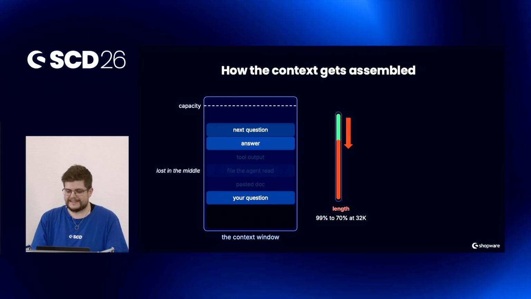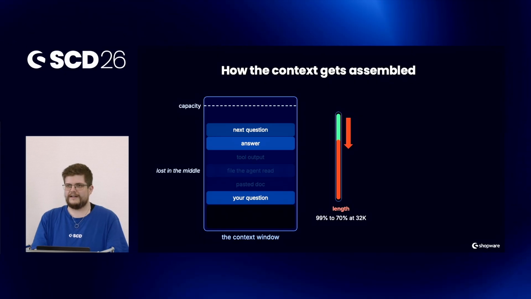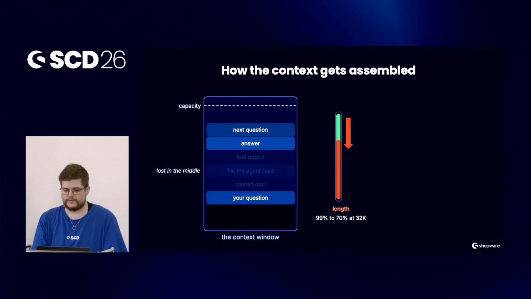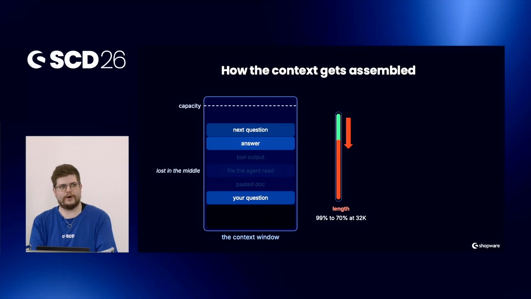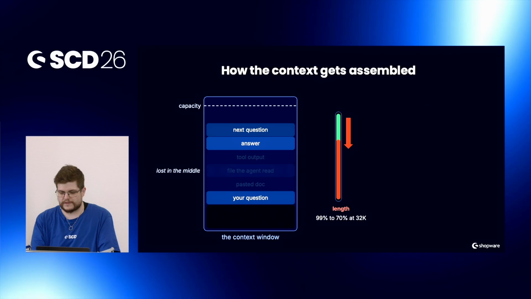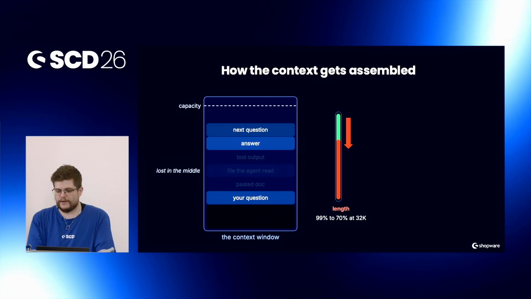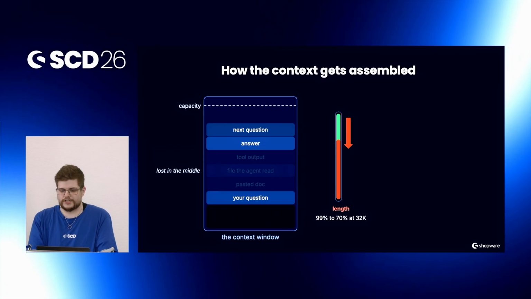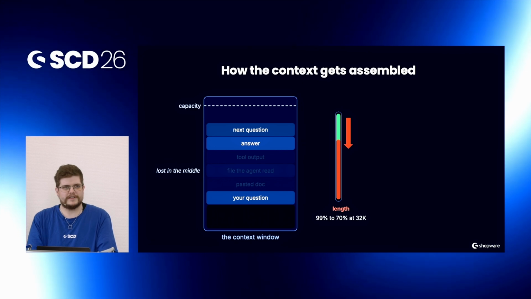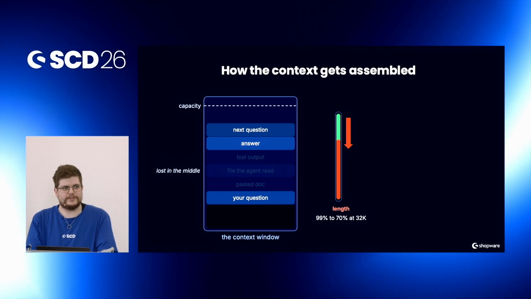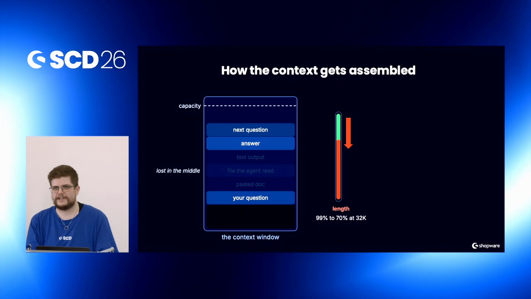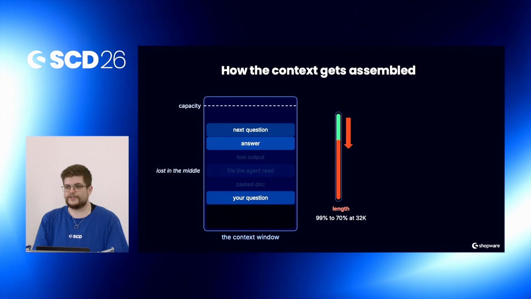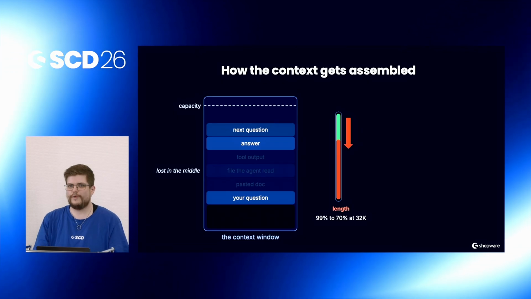They were tested, and when they were taken out of their short context window, the accuracy of the answer often dropped below 50% of their initial score. So the usable window of your model is much, much smaller than the number that is usually advertised. You should be aware of this. If you're using a model that allows 100K tokens, 200K tokens, a million tokens, you should never go anywhere near this.